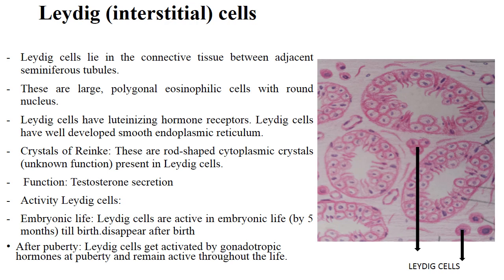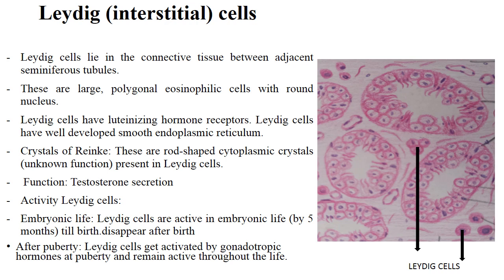So they are also known as interstitial cells of Leydig. These cells are large and polygonal. They have eosinophilic cytoplasm, a round nucleus, and luteinizing hormone receptors.